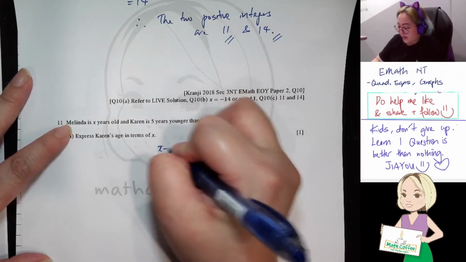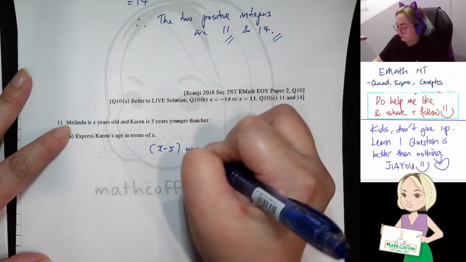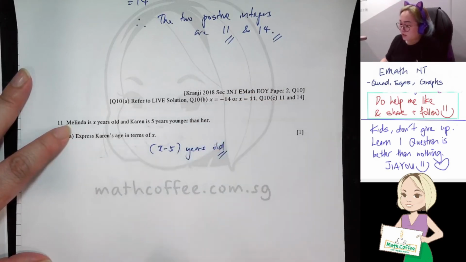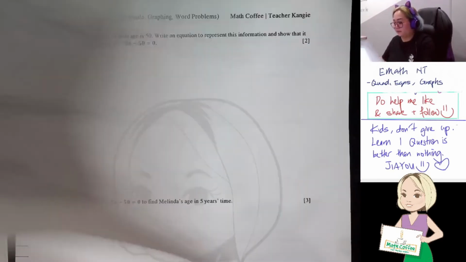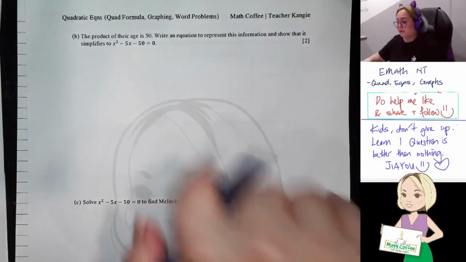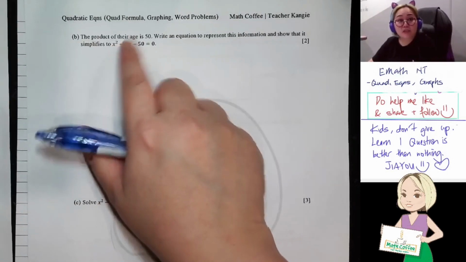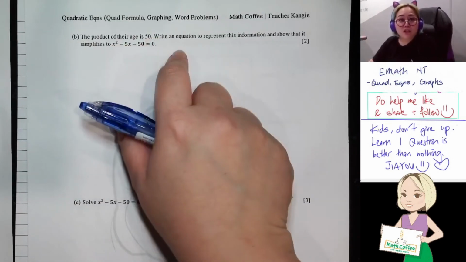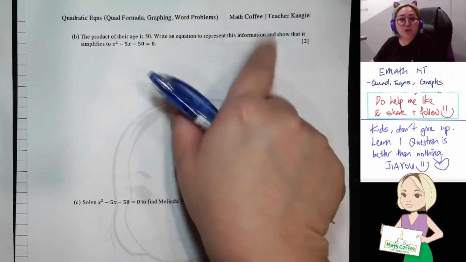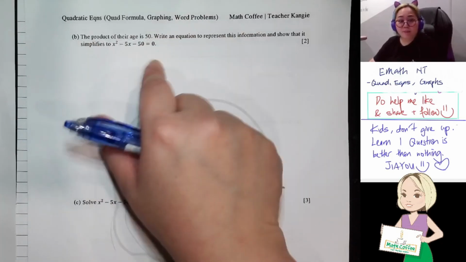So it is just X minus 5. Okay, nothing too complex. Now they say, okay, the product of their ages is 50. Write an equation to represent this information and show that it simplifies to the given equation.